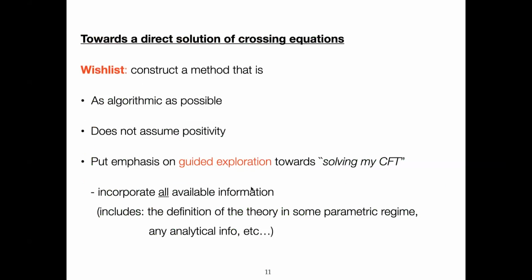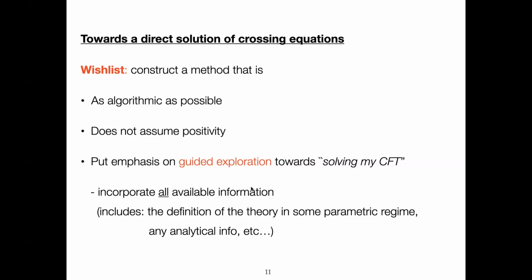And I want to put emphasis on guided exploration towards solving my CFT. So instead of asking generic questions about conformal field theories, I want to be able to use it, for example, for lattice QFT. I want to use it as a method that solves the theory that I'm interested in. So for example, if I want to solve conformal QCD, I want to be able to use it as a tool to solve conformal QCD, which means that I should be able to generate some of these assumptions that are blind in the standard method.